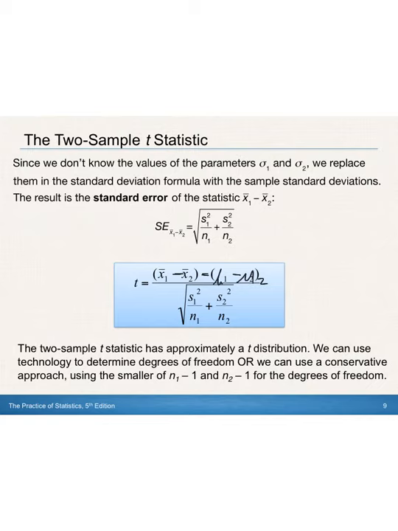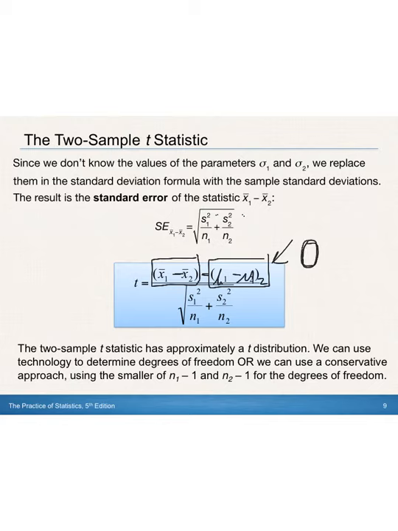So here, we don't know the parameters of the standard deviation sub 1 and standard deviation sub 2. So we know we're going to have to use the sample, and we're adding the variances, which is why they're squared. So the standard error always goes in the bottom part of our z or our t. In this case, for the t-statistic, the data piece comes from the difference of the x-bars, and then this is the population difference. But most of the time, when we're looking at difference of means, we're assuming that the difference will be 0.